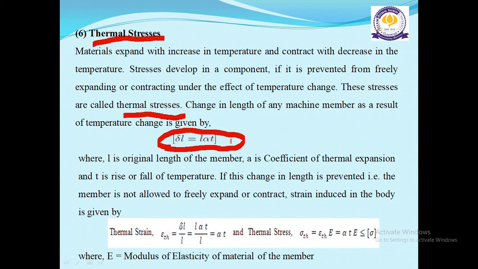Here L is the original length of the member, alpha is the coefficient of thermal expansion, and T is the rise or fall of temperature.